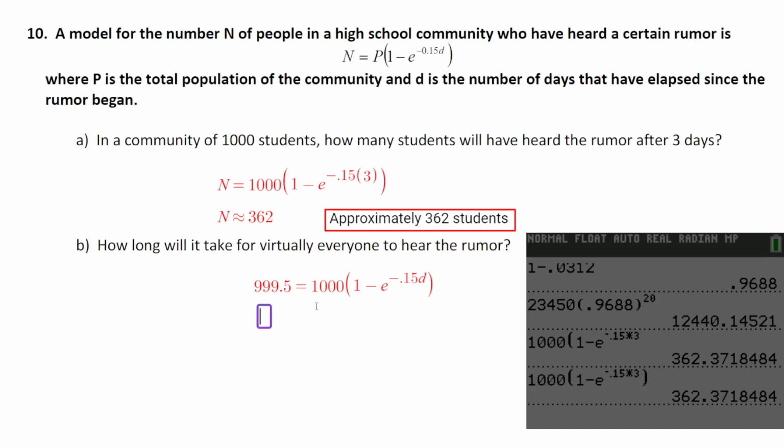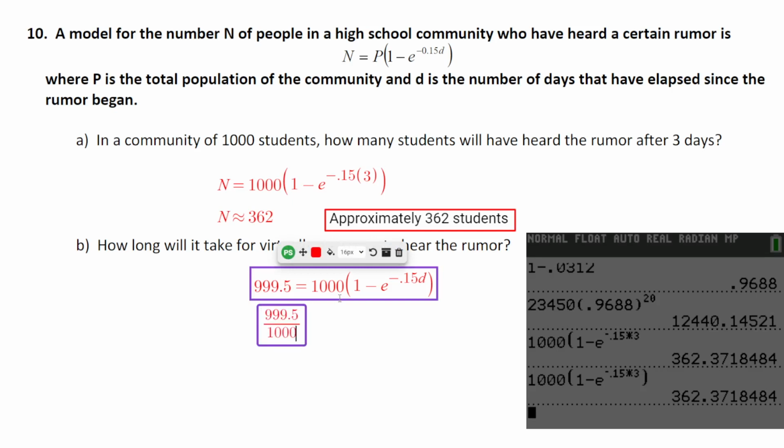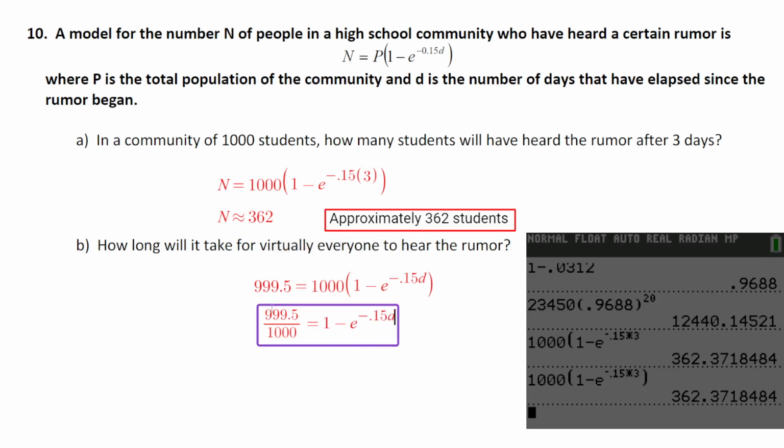Okay, so first we're going to divide both sides by 1,000. I'm not going to use the calculator until the very end here. Okay, so this would be 0.9995.